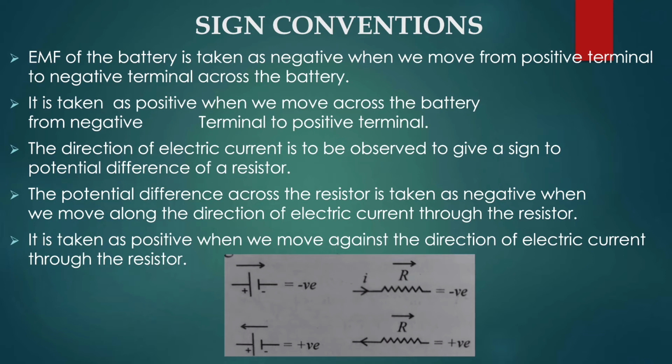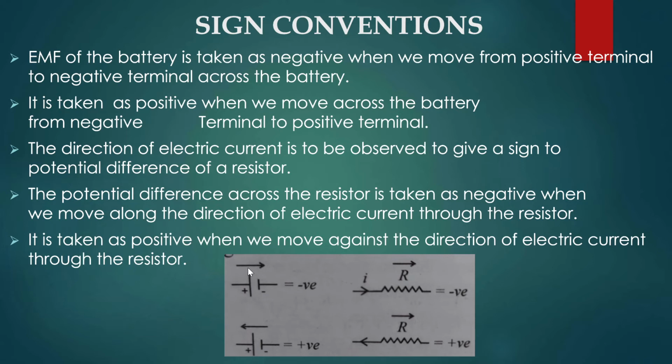Now, let's see some of the sign conventions which we follow during the determination of potential differences across any circuit. The EMF, that is the electromotive force of the battery, is taken as negative when we move from positive terminal to negative terminal across a battery. You can just look here in the figure, children.